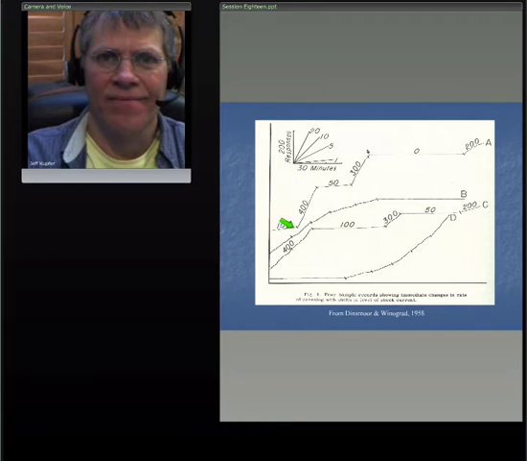About 1 response per minute. If we change the shock intensity, we see an increase when we go to 400 milliamps. Response rate goes up. If we change the shock intensity now and go to 50 milliamps, response rate goes down to very close to maybe a little bit lower than at 100 milliamps. Go up to 300 milliamps, response rate goes up.